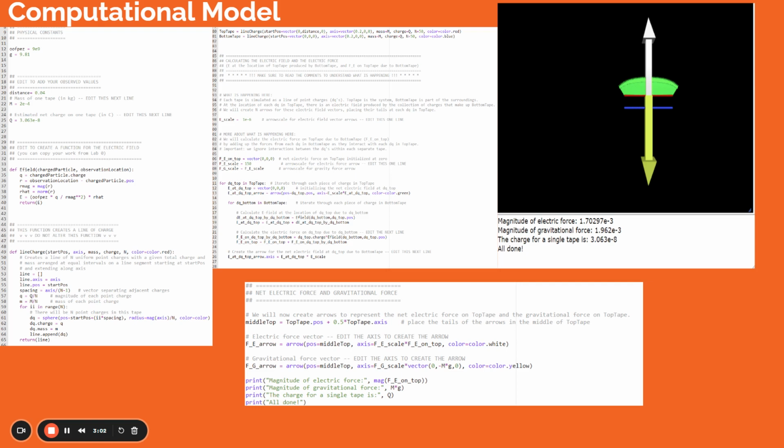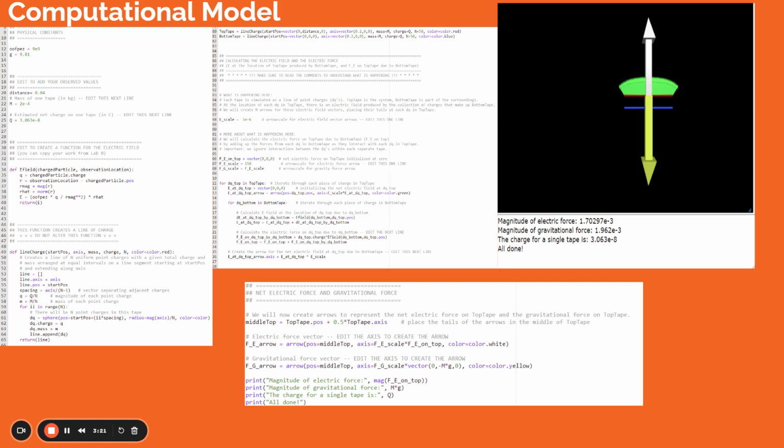And in the middle picture, you can see at the top, we created the distributed charges. We made 50 of them, and essentially the red is the top tape's charges and the blue is the bottom tape's charges. And then in the middle, you can see we scaled the E-force and the E-field.